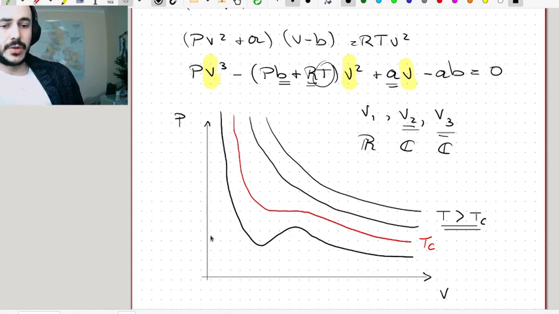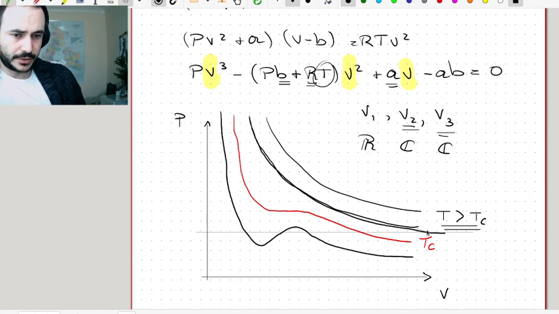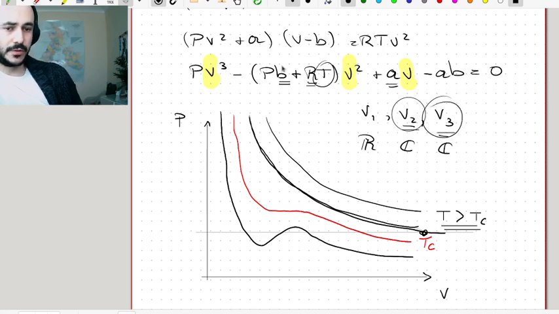So this is why, for instance, when I'm sitting say here on this isotherm, at that pressure it will only have one real value of the volume that corresponds to that pressure. And the other two volumes that solve this equation up here are going to be complex, so they are not really physical, so I don't plot them. I don't have any problem.